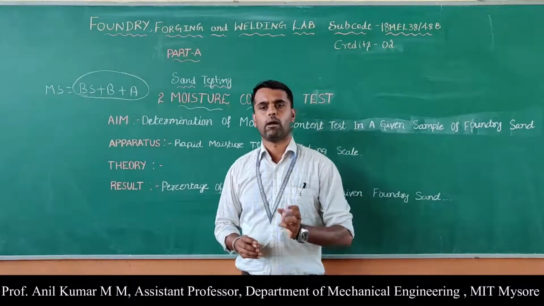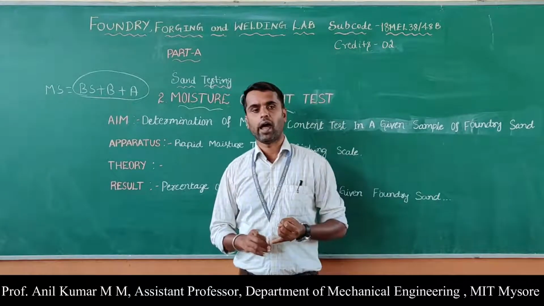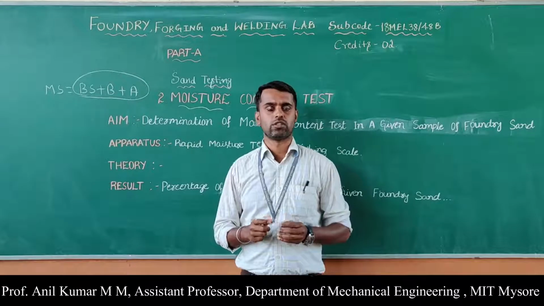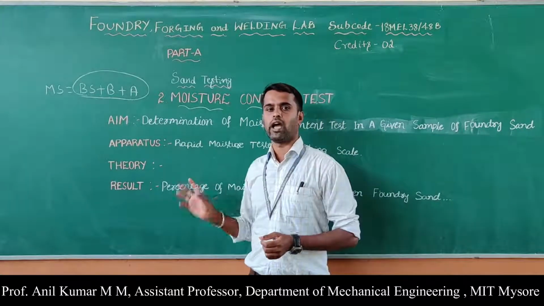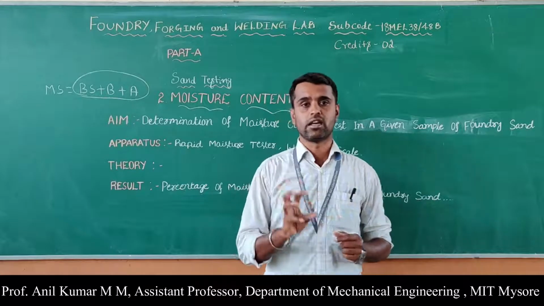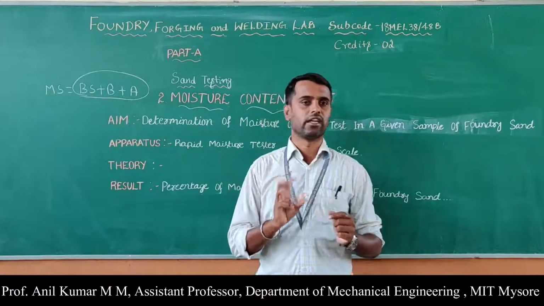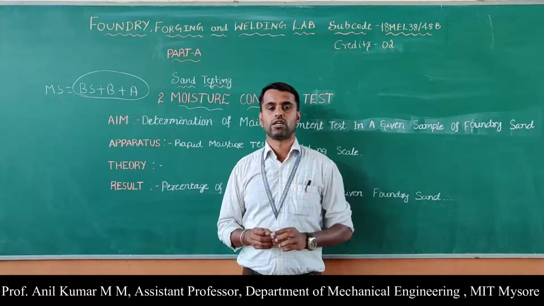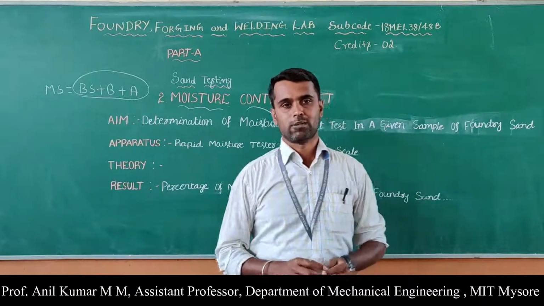The moisture in the wet sand reacts with the calcium carbide and produces acetylene gas. Due to the acetylene gas, pressure is developed inside the container. That magnitude of pressure is indicated on the dial gauge provided in the moisture content tester. Now let us conduct the experiment.